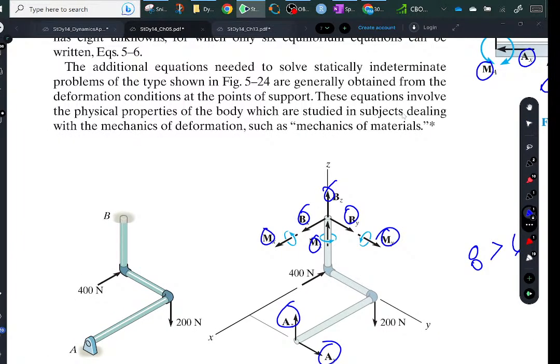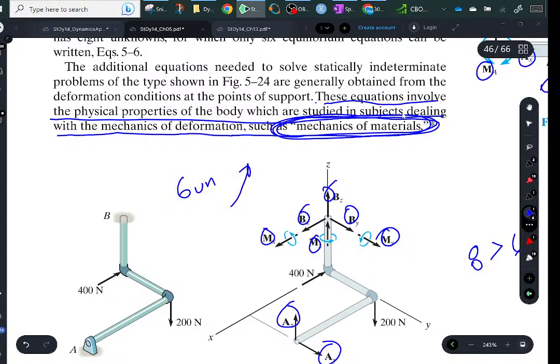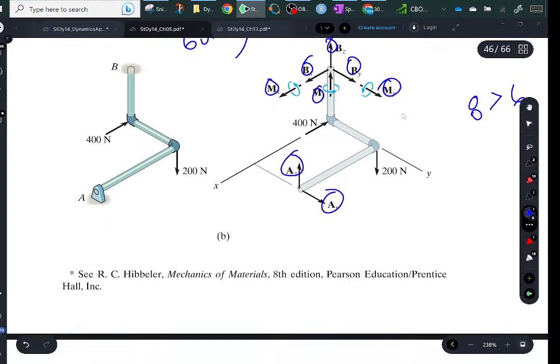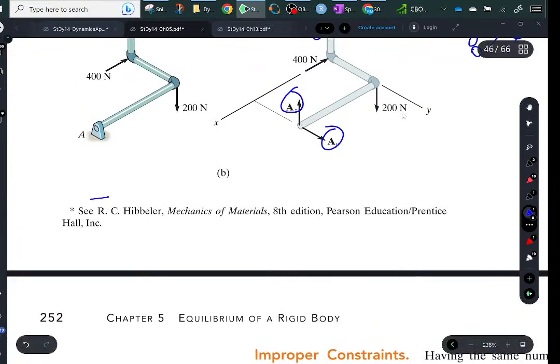It says, involve the physical properties of the body, which deals with the mechanics of deformation, such as mechanics of materials. This is how you can take it from 6 unknowns up past it. And at that point, you can solve these things. But that's next semester or whatever semester it is. Oh, he puts a little asterisk. Oh, see my book.